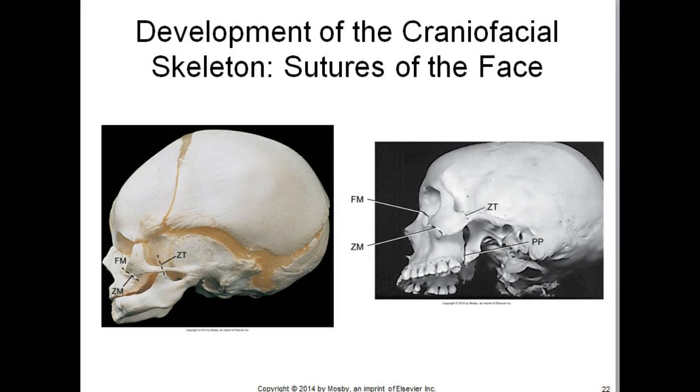The main suture is the one between the frontal and the parietal bones. The fontanelles allow for growth of the skull while the individual is developing and growing.